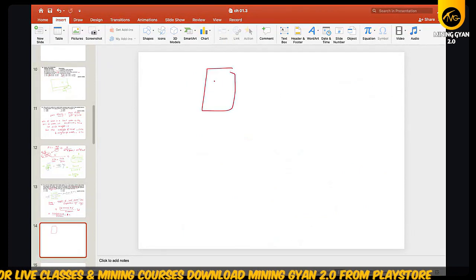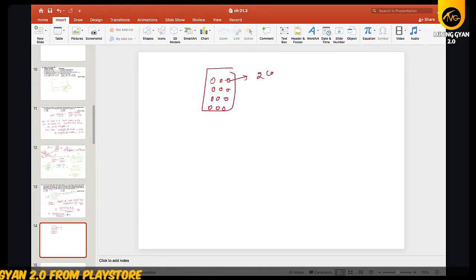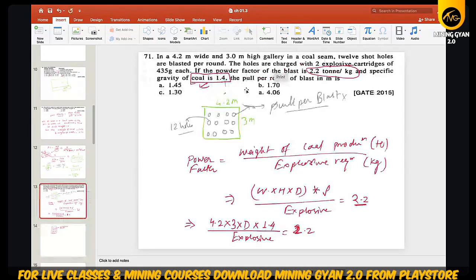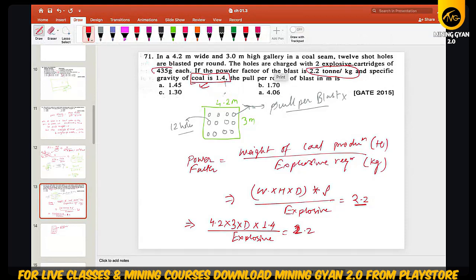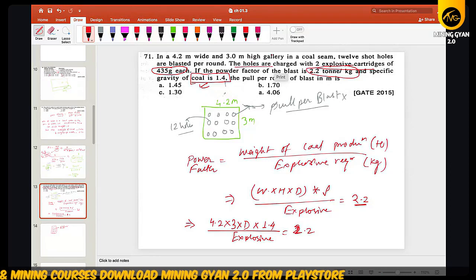If this is your heading, they have told you 12 holes. In a single hole they have put 2 cartridges. The explosive required in a single hole will be 2 multiplied by 435 gram each, since 2 explosive cartridges are charged in a hole.